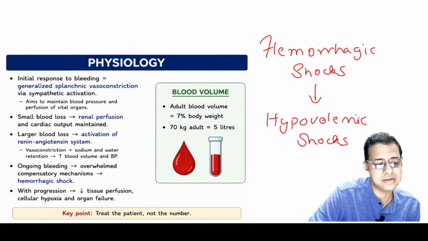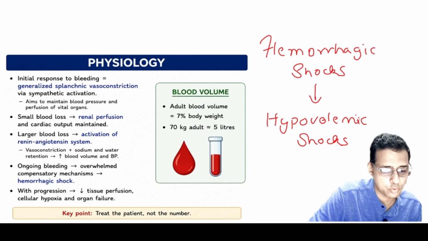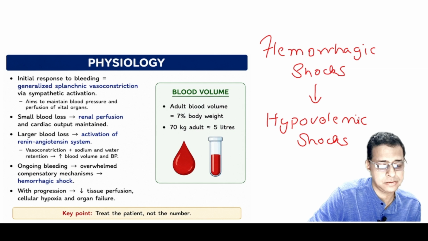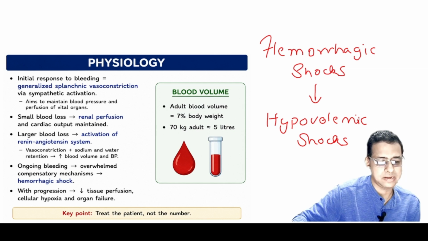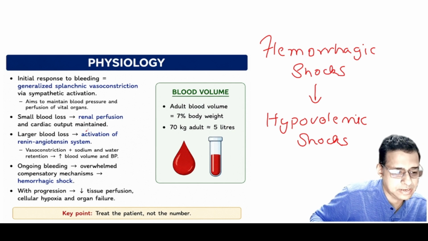Hypovolemic shock may result from trauma, and cardiogenic shock may result from cardiac failure to pump the blood, and eventually hypovolemic shock presentation will mimic cardiogenic shock. Here, small blood loss means renal perfusion and cardiac output are maintained, and large blood loss leads to activation of the RAAS system, causing vasoconstriction, and sodium and water retention, which increase the blood pressure.